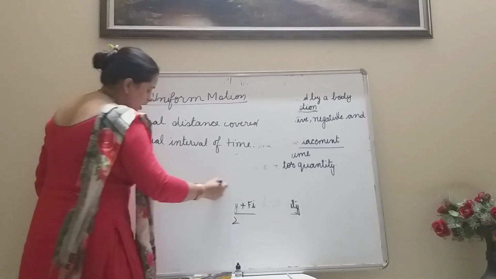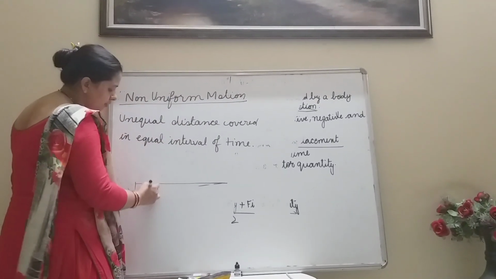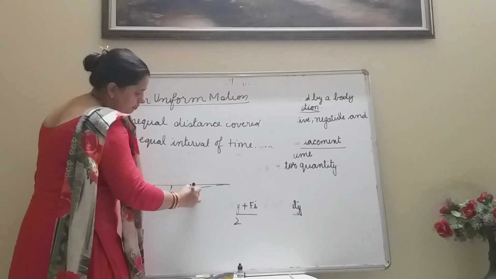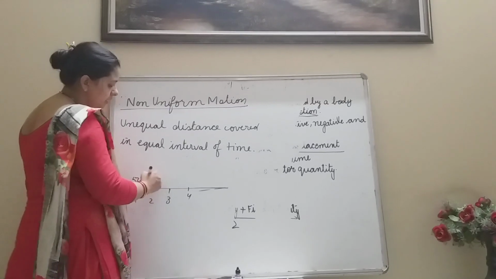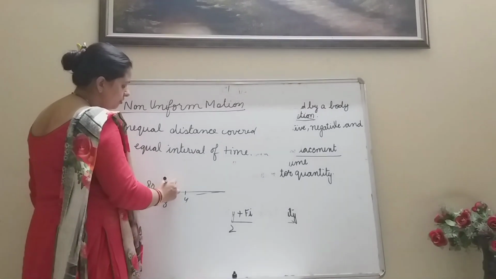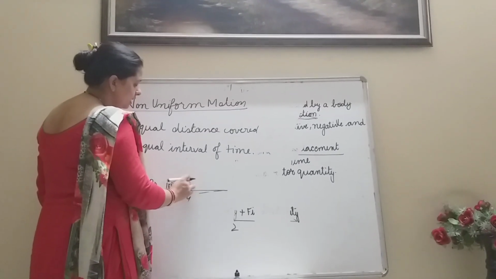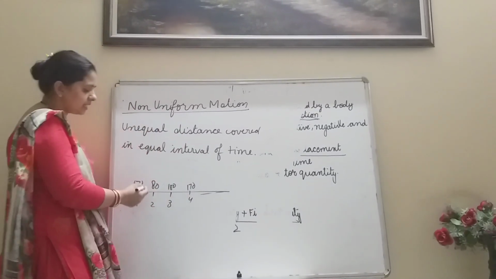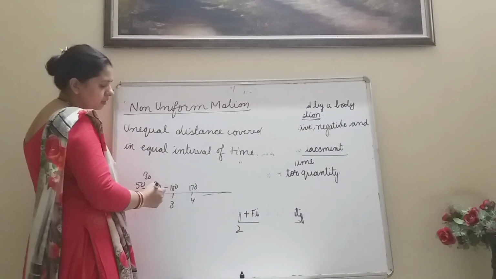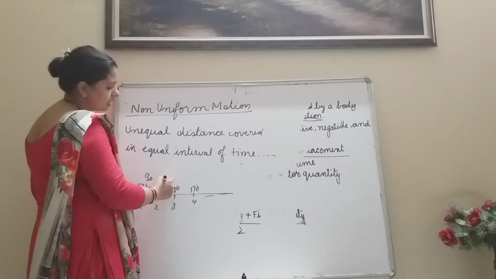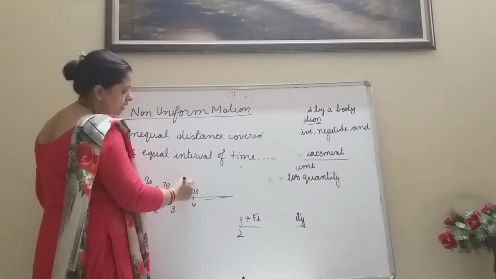How? I am again making a graph. You can see here the vehicle is covering 50, 80, 150, 170. So you can see the differences: here 30, here 70, here 20.